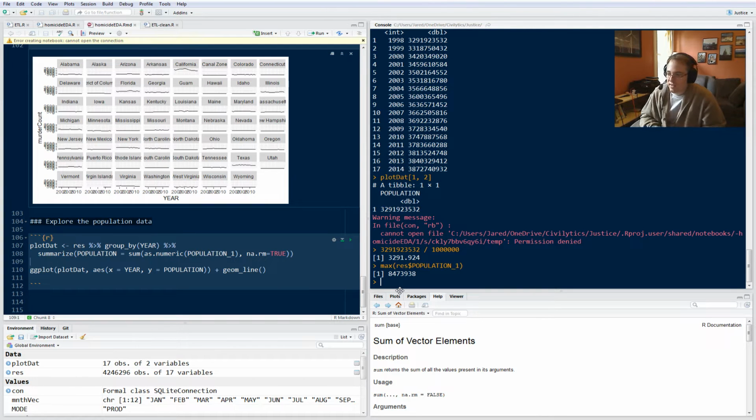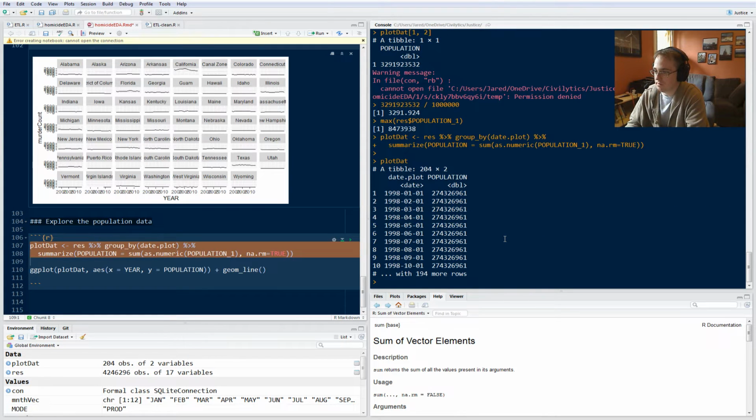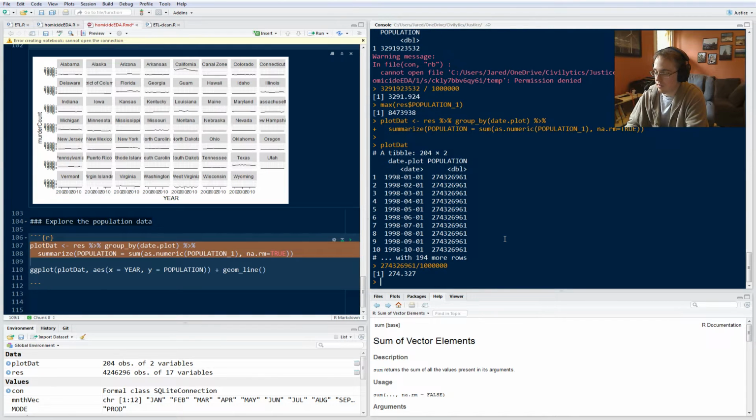So it must be a massive amount of double counting, because this is saying in a year the US has 3 billion. Well, actually, that's the problem. It's not by year. It should be by date plot. Divide that by... Yeah, alright. So that's right. Summing by year was a problem.